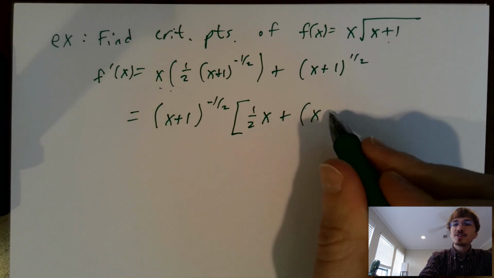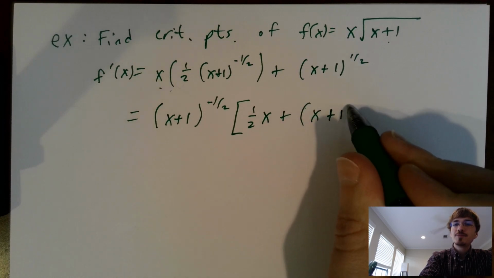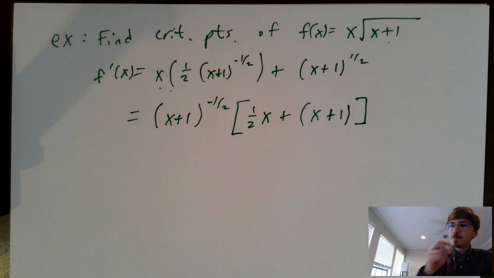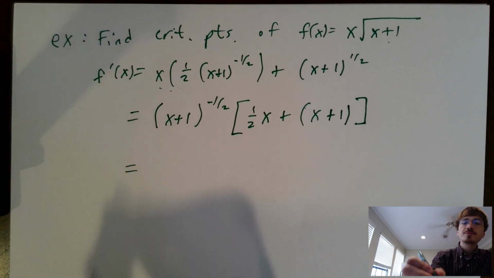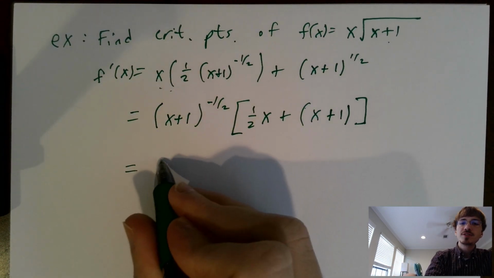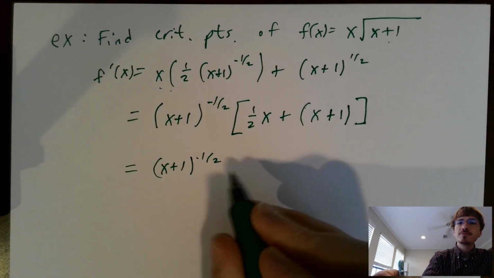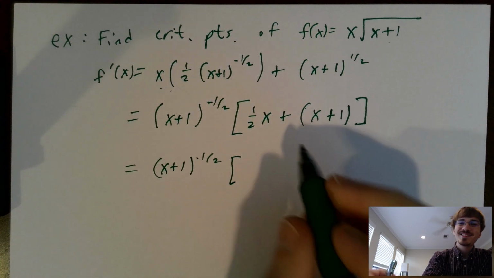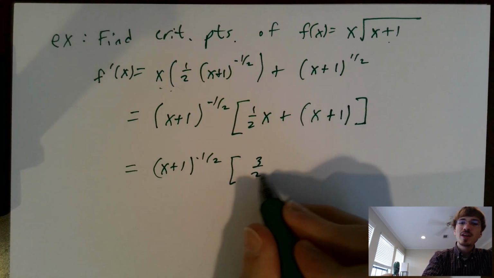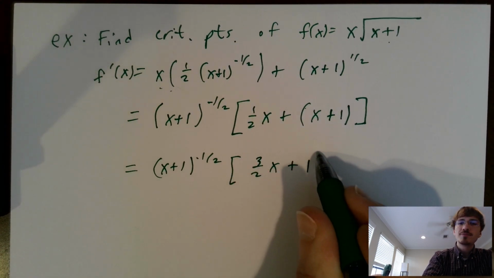I'm left with just x plus 1. Yeah? All right. So, let's simplify this. We get x plus 1 to the negative 1/2 times what? 3/2 x plus 1.